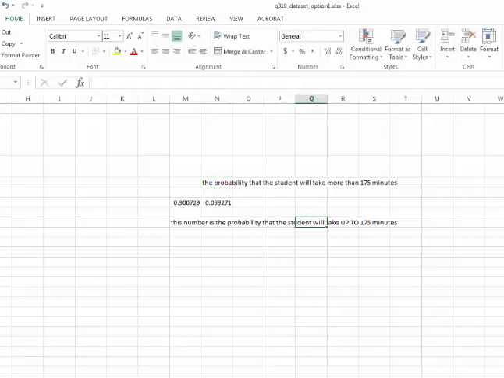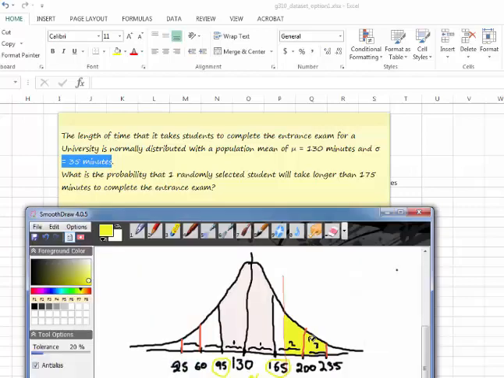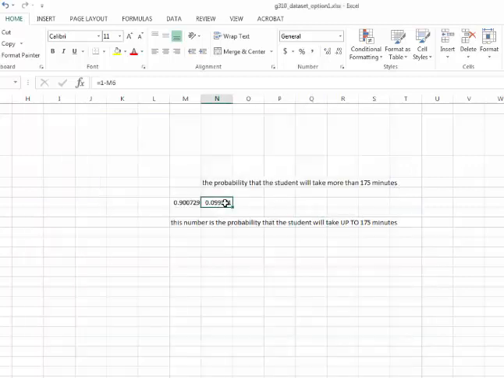So the probability that the student falls in this area right here is going to be the number that we show right here, 0.099.